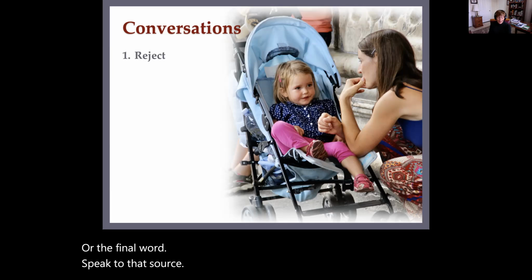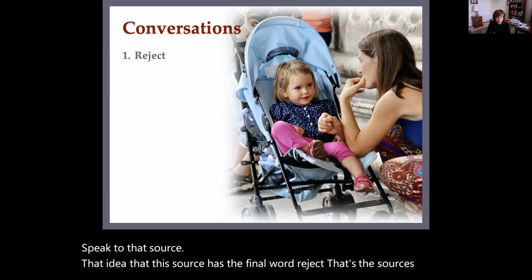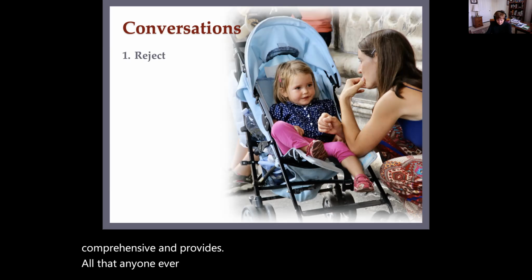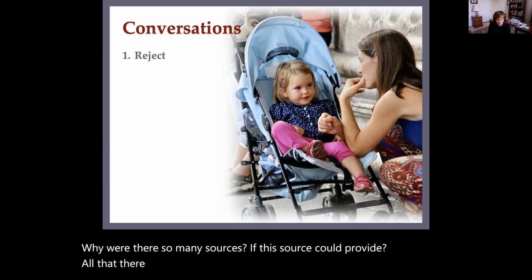Reject the idea that the source has the final word. Reject that the source is comprehensive and provides all that anyone ever needs to know. Why were there so many sources if this source could provide all that there is to know about the subject?